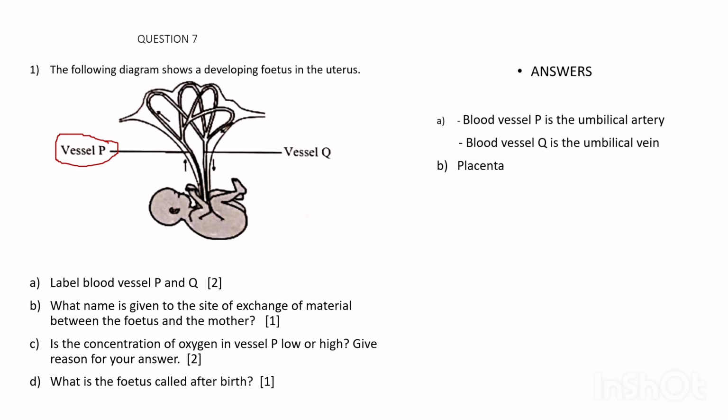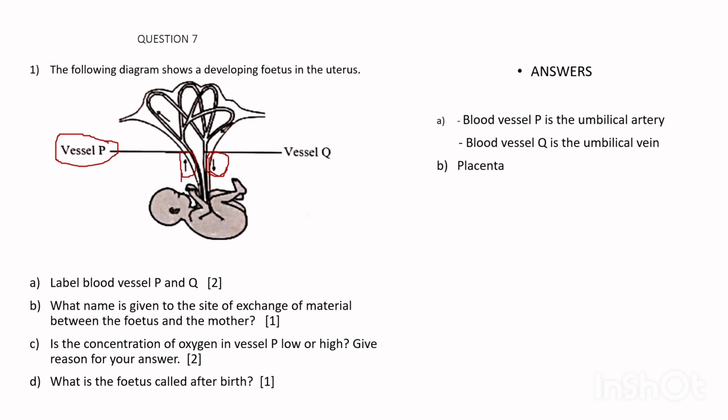We breathe in oxygen, which is very important, and we breathe out carbon dioxide, which is not important. The same applies to this fetus. This fetus has already used oxygen, which entered at this position. After oxygen has been used, that oxygen will turn to carbon dioxide, which is now not useful.